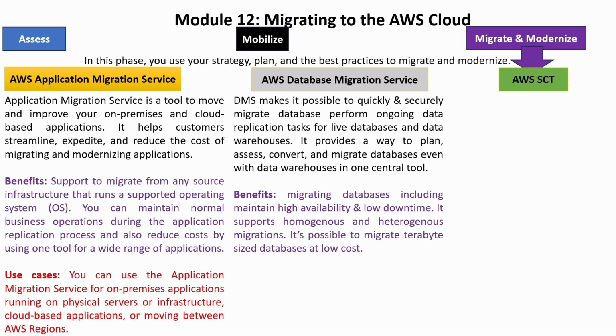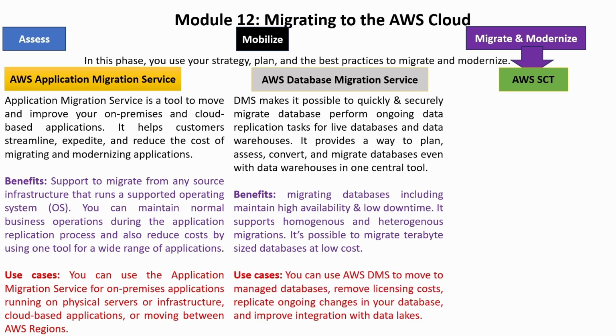It supports homogeneous and heterogeneous migrations. It also makes it possible to migrate terabyte-sized databases at a low cost. If we talk about use cases, you can use AWS DMS to move to managed databases, remove licensing costs, replicate ongoing changes in your database, and improve integration with the data lake.